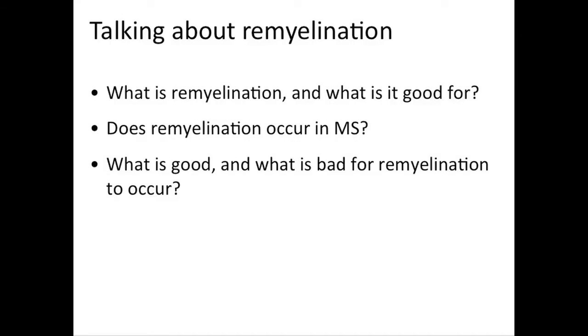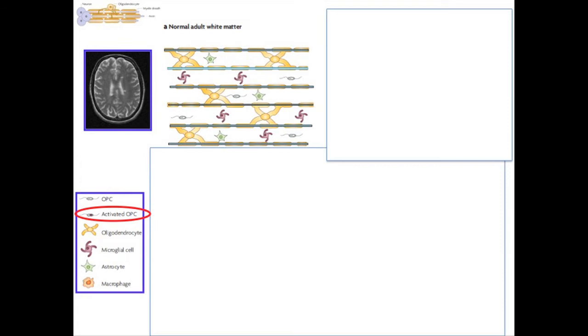So the next question I thought to ask is, what is good and what is bad for remyelination to occur? I'm going just briefly back to the earlier sketch, that we basically have these two pathways and what determines them. So we have that little sketch up here with the corresponding brain. When we start here with normal white matter, we have quite a number of different cell types in here.